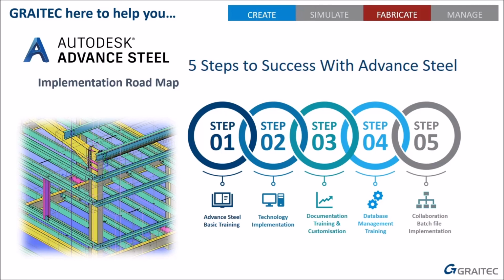Then step 3 is the documentation, training and customization. Where we looked at the drawing style customization, we run a 2-day training course for that, or we do offer now, especially in the COVID situation, what we call workshop days, where normally you would write out a list of everything that you're manually doing, manually editing. Myself and Alec would come and spend the day with you, and we would try and reduce that list down to nothing so that you aren't manually adding things.